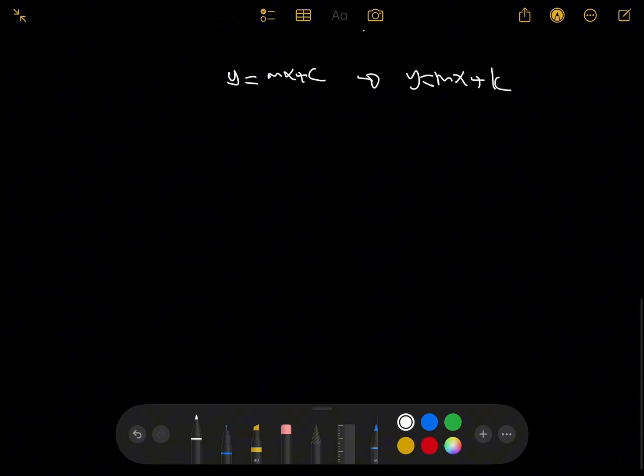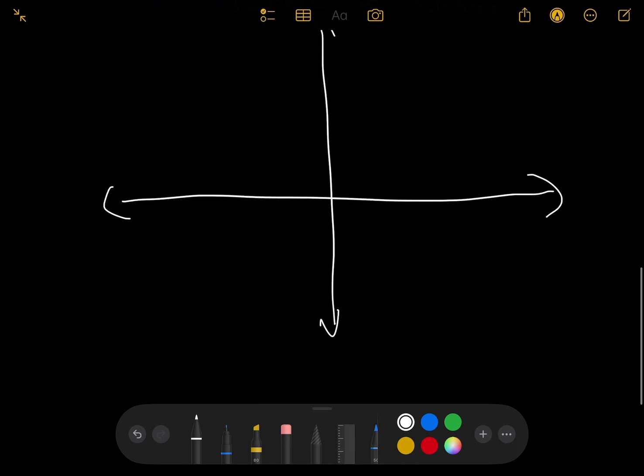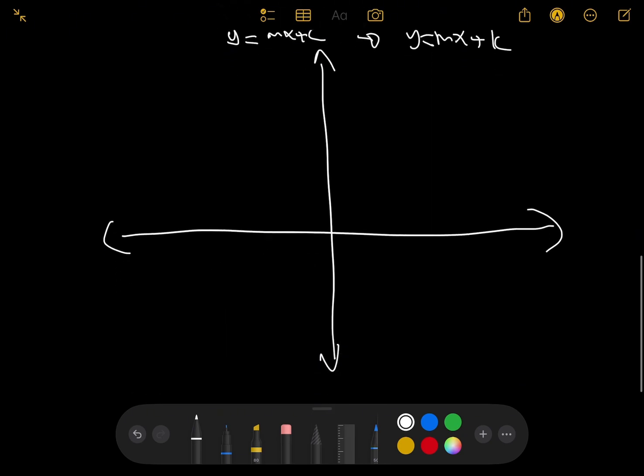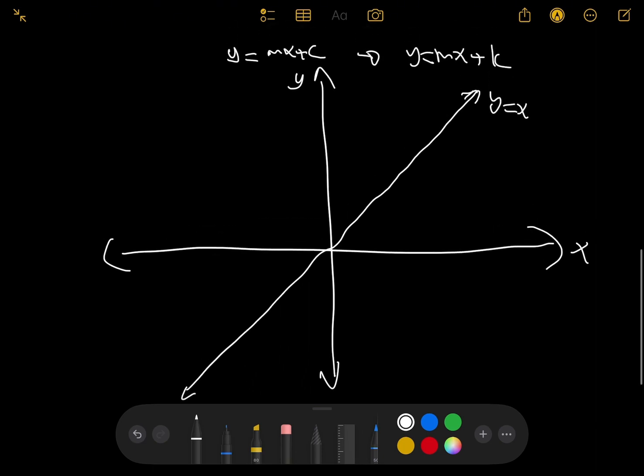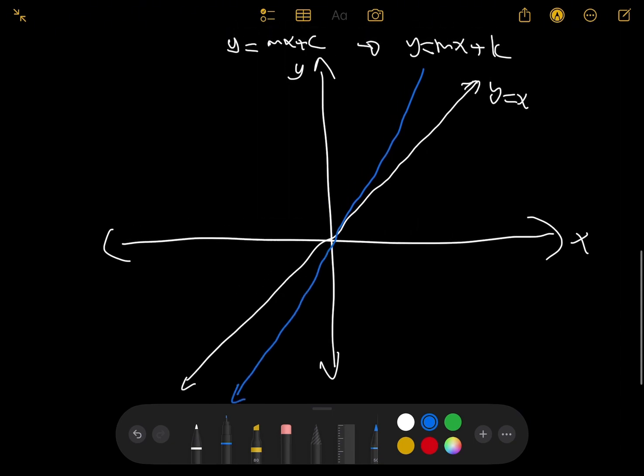One thing we also knew about a gradient, I'm just going to write it down for you here: here's our standard graph, let me not forget writing the axes, y equals x. As the gradient increased, your graph got closer and closer to the y-axis.